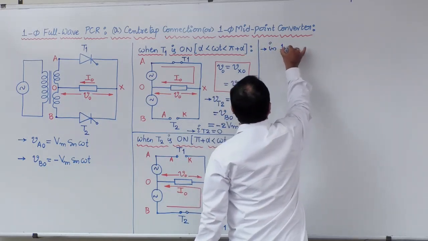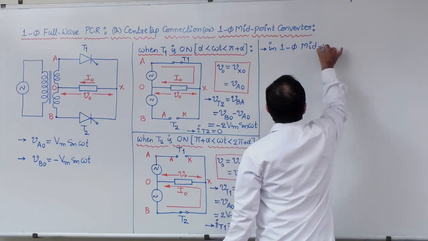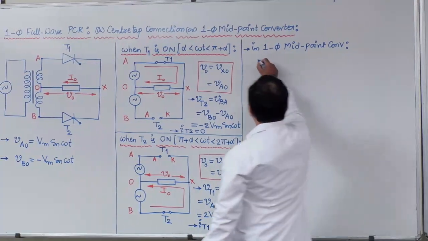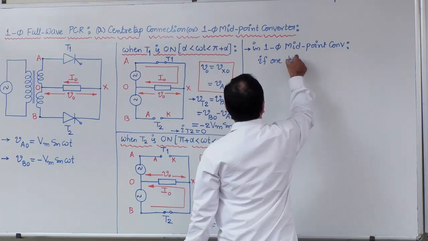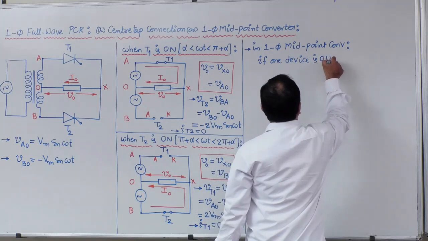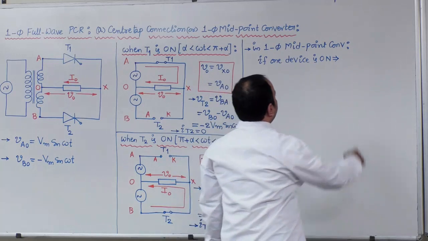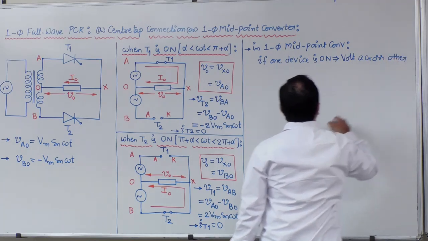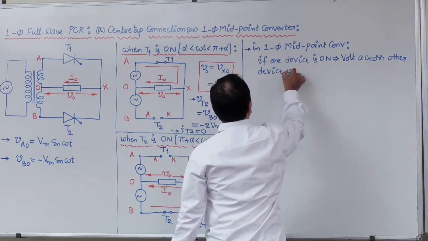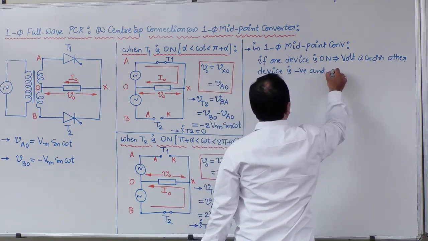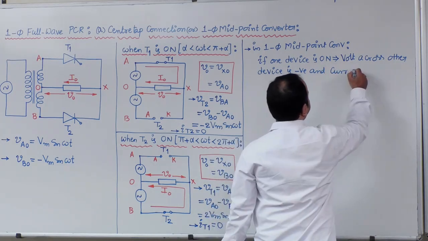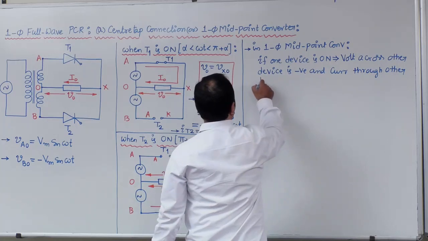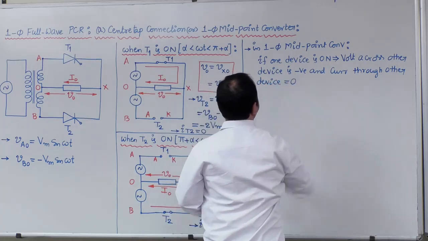Now, as a high level, one common conclusion we can write is this: in a single phase midpoint converter, if one device is on, the voltage across the other device is negative and the current through the other device is 0.